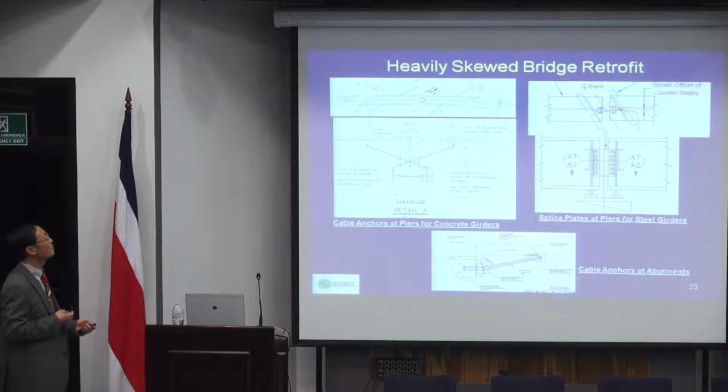If you don't want to, you can put in a kind of bolt connection that is not a moment connection. Basically, just make them move together, or you can provide cables to tie down into the pier, or tie down to the abutment.